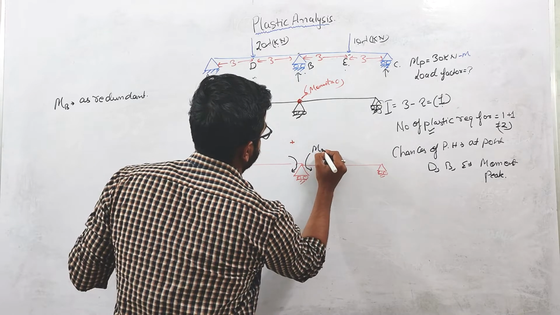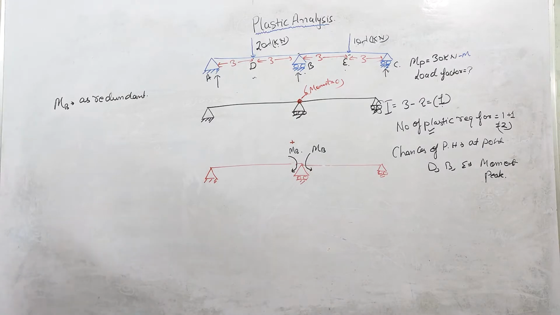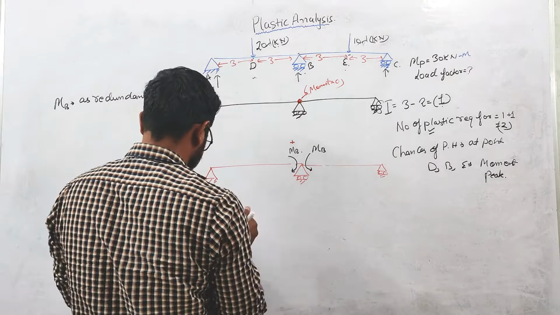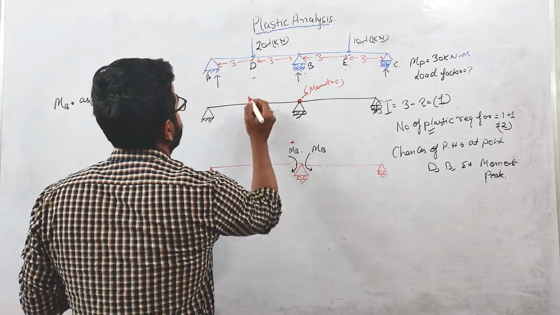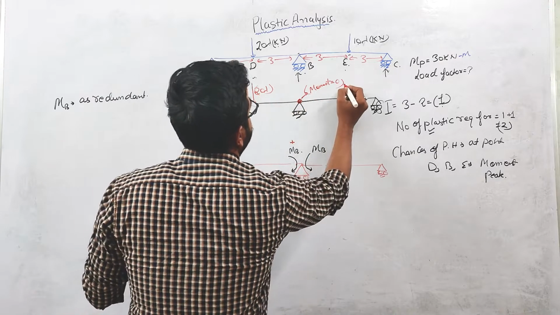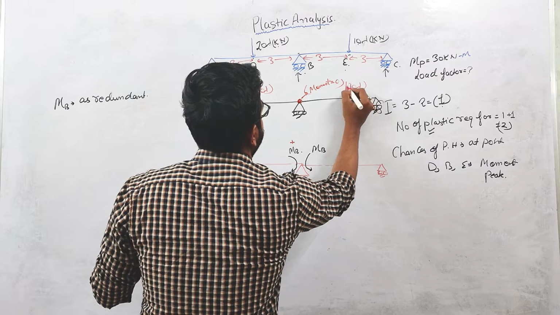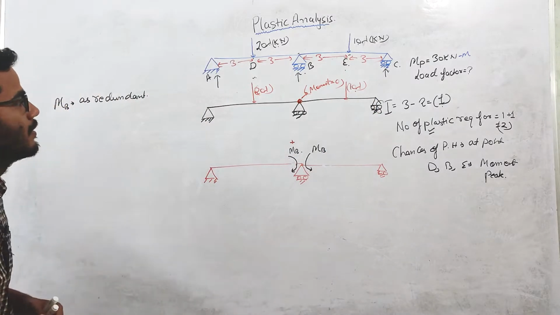This is MB, and these two values will be equal. Here this point load is acting, 20 lambda. We need to find the load factor, that's why we multiplied the load by the load factor, and this is 10 lambda.